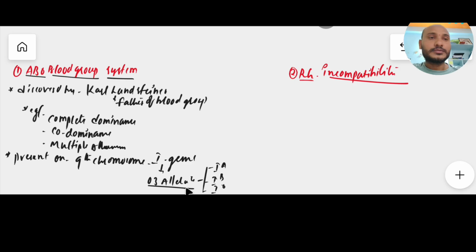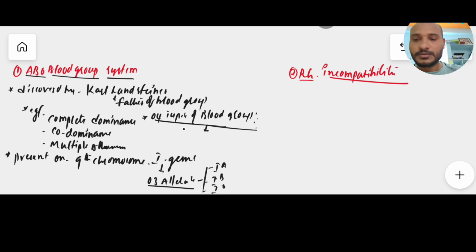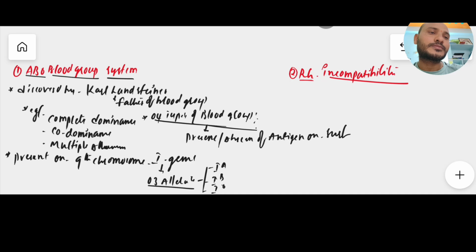The ABO blood group system contains four types of blood group. These four types of blood group are mainly based on the presence or absence of antigen on the surface of the plasma membrane of RBC.